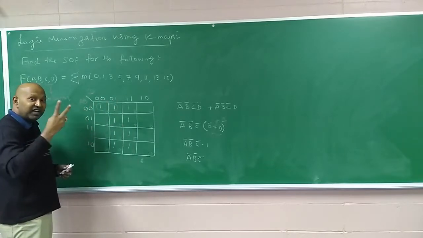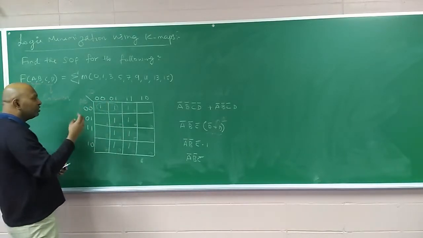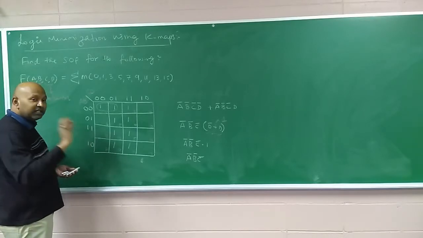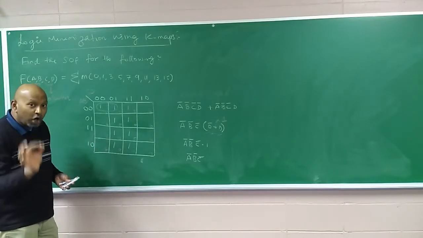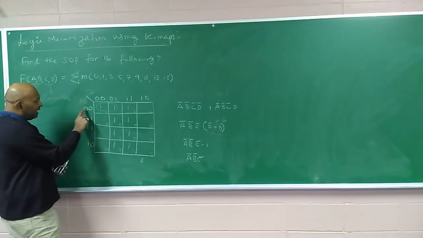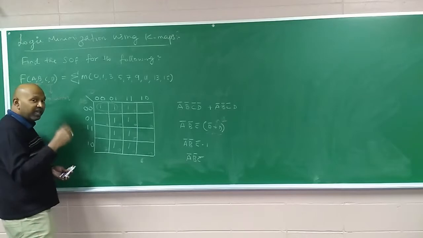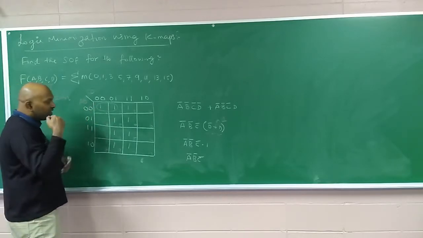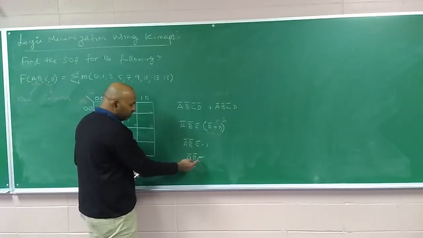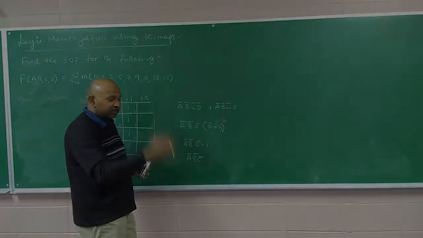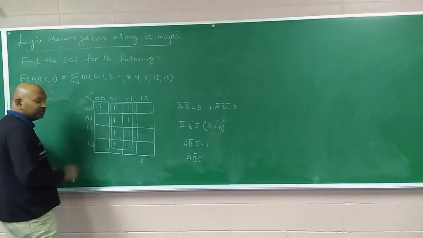So since there is that flip, D changed, we will drop the D, and then we basically write everything that has not changed, which means A did not change, B did not change, and C did not change, and they are 0, 0, 0. Therefore, A bar times B bar times C bar is the combination that will give us a logic 1. Like this, all these ones together.